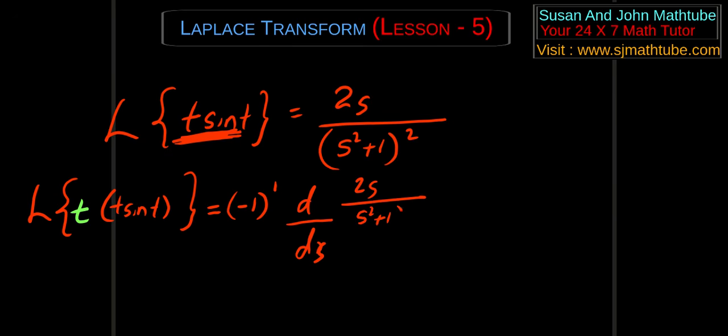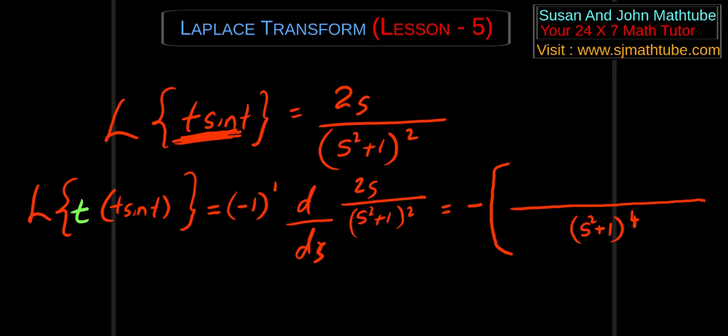So I can see s in numerator and denominator, and that calls for the quotient rule. I hope you remember all these things from your high school level. So denominator square I will write now itself.